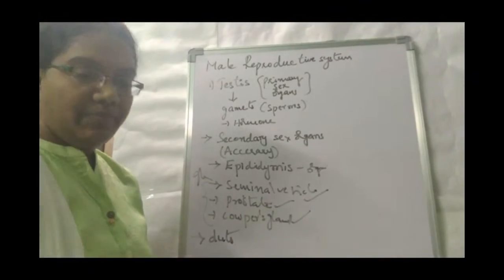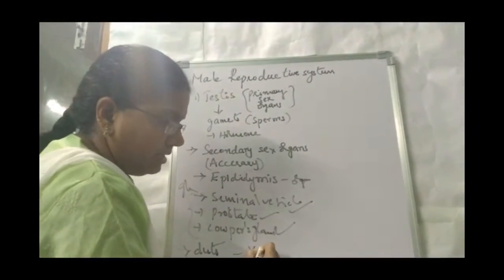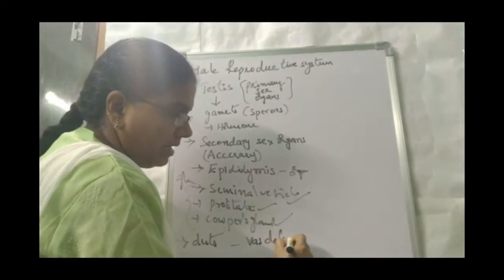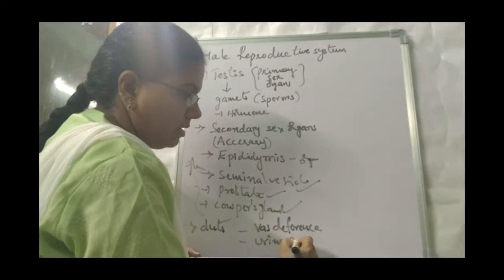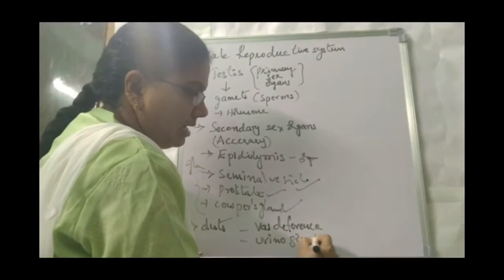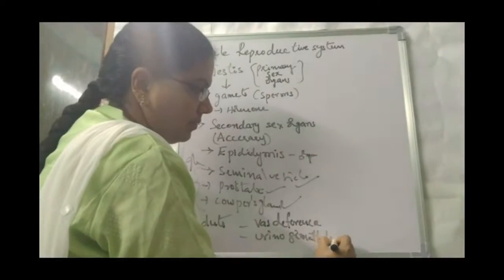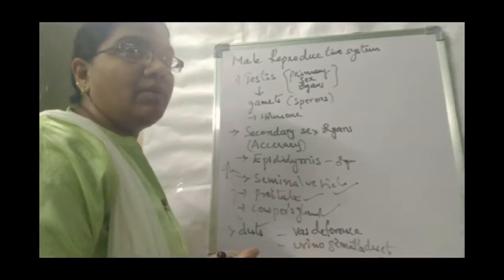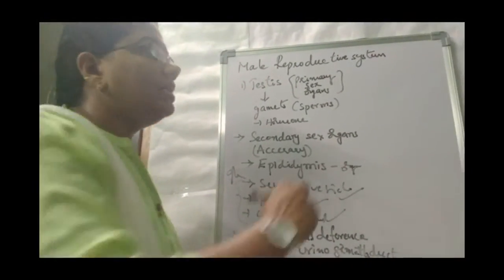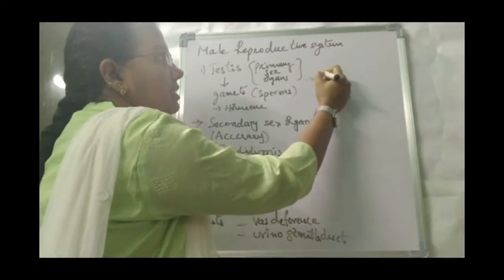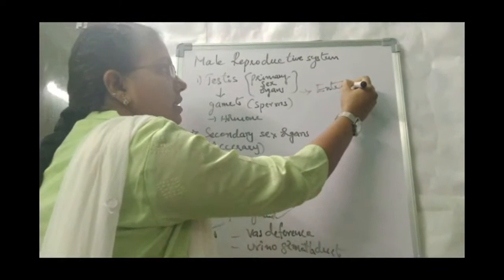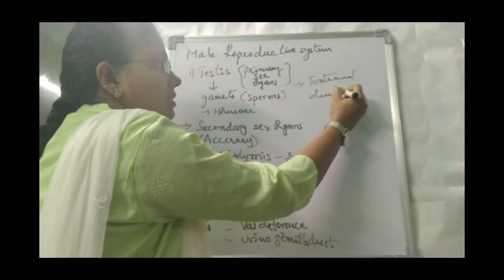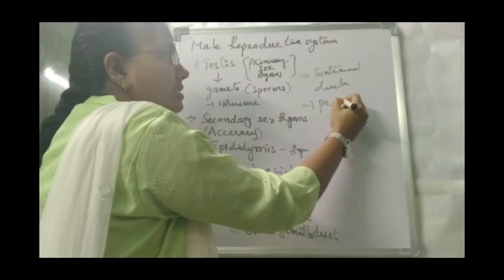The ducts are the vas deferens and the urogenital duct. And there is one more important external organ, that is the penis.